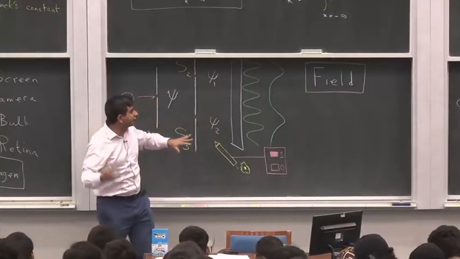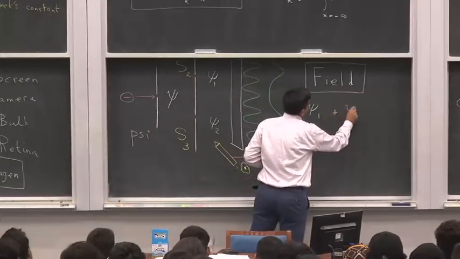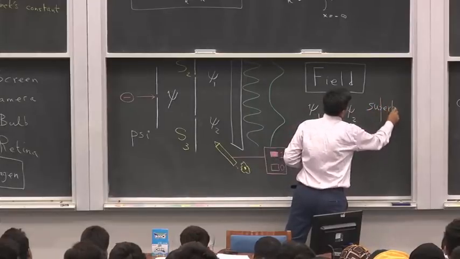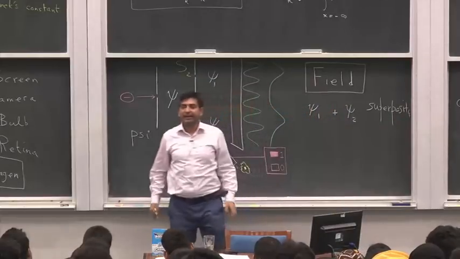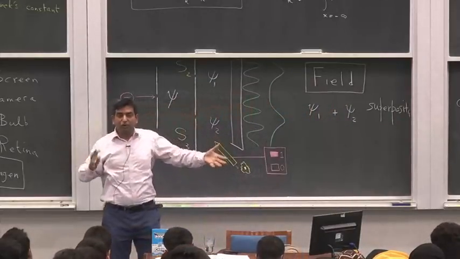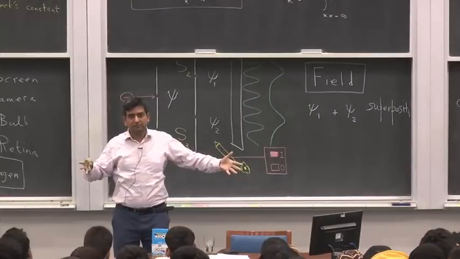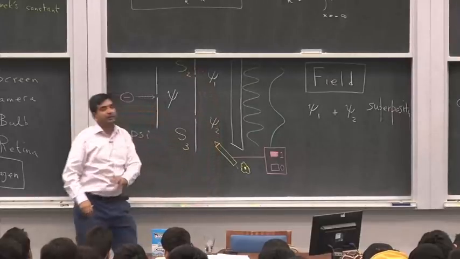And the field of the electron inside this region is a superposition. It's a sum of both of these components. Alright? So it's a superposition inside this region.